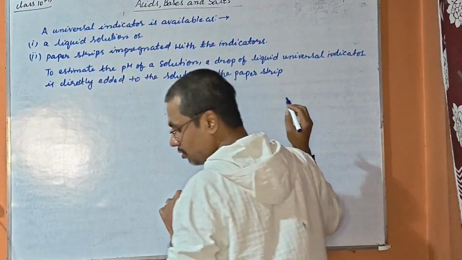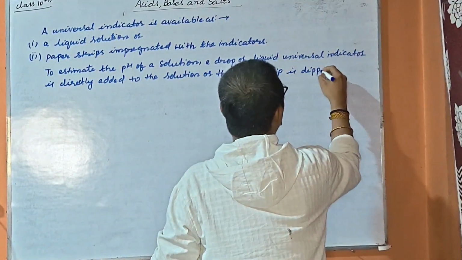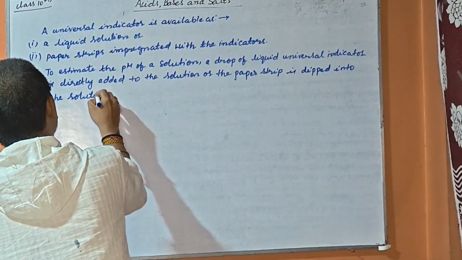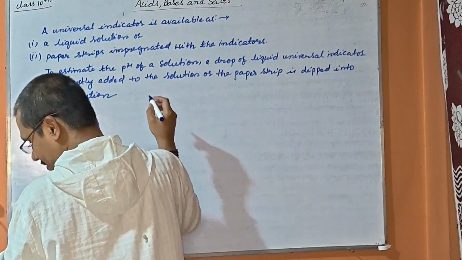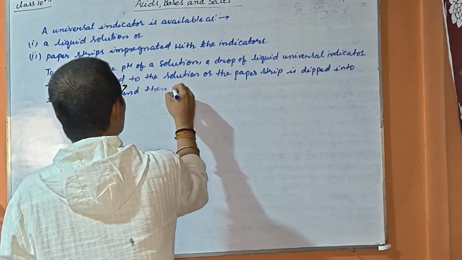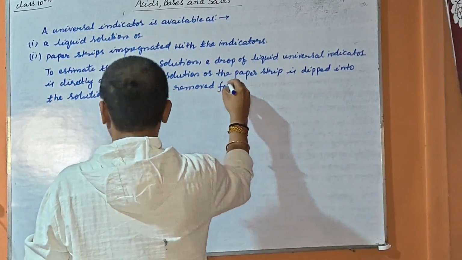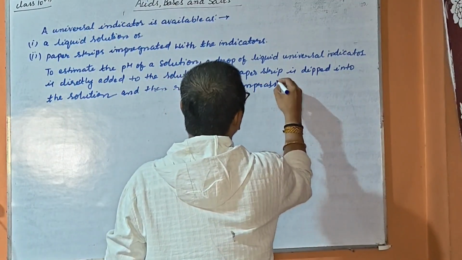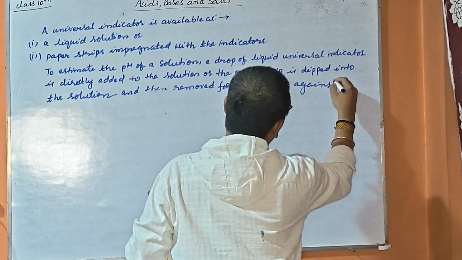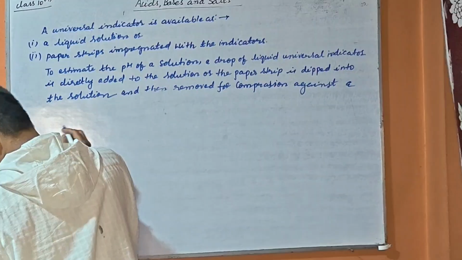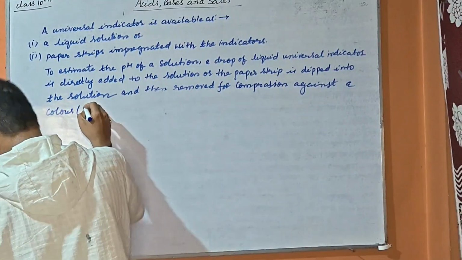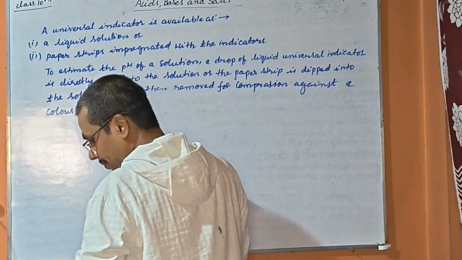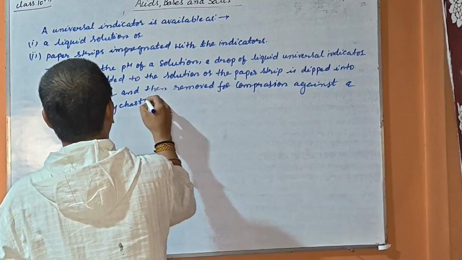The paper strip is dipped into the solution, and then removed for comparison against a color chart, the pH color chart provided with the indicator.